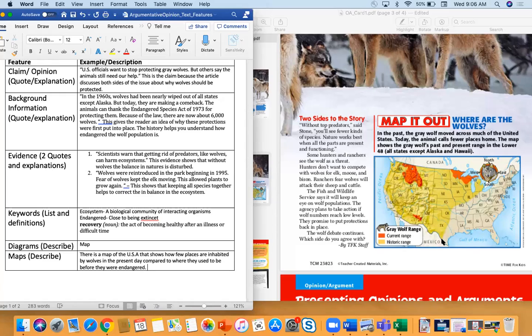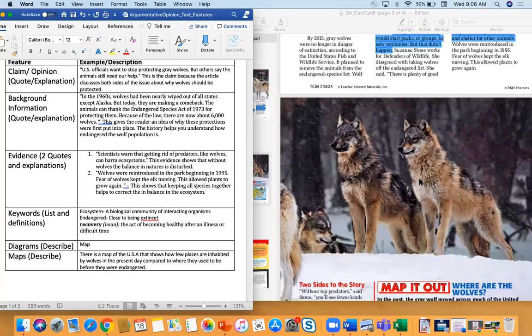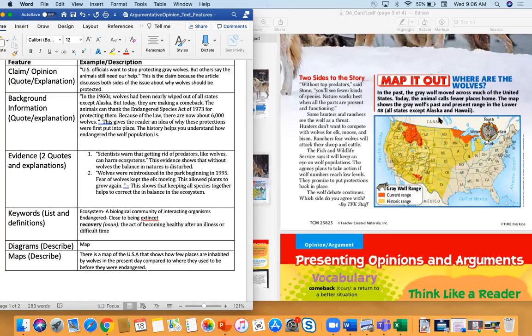So wolves used to be over more than half of the US states, but because they were endangered, they're only in little tiny parts. How sad. So this map helps the argument, because the argument is others say the animals still need our help. Obviously, they still need our help because they only exist in like a tiny fraction of the US as opposed to where they used to exist.